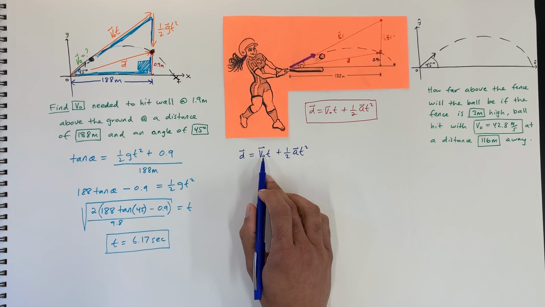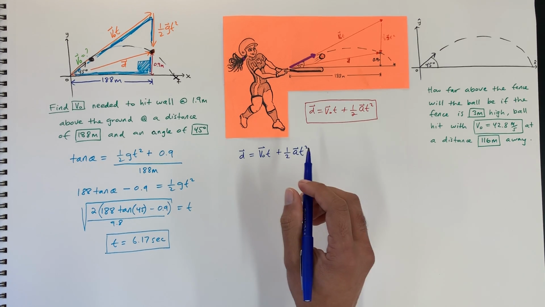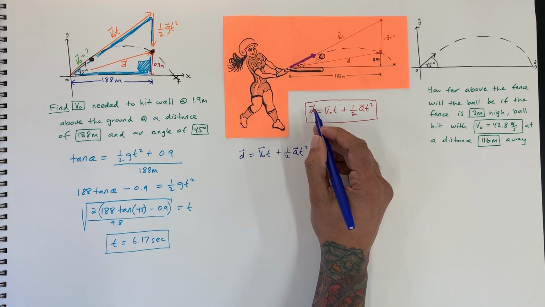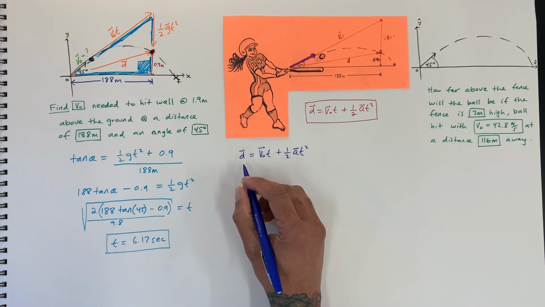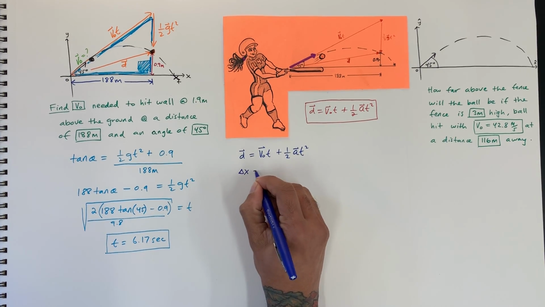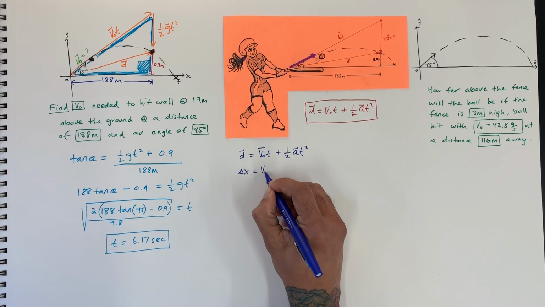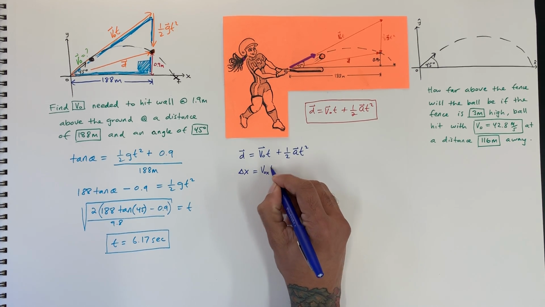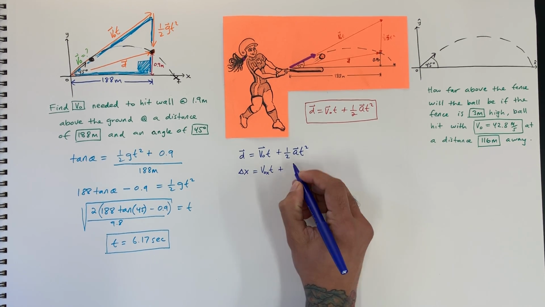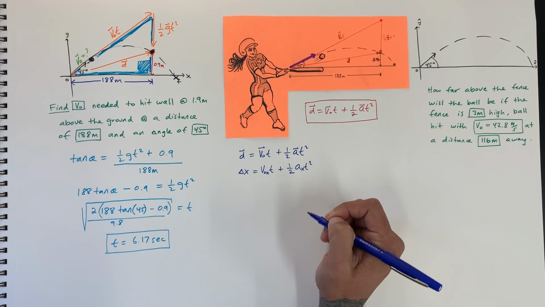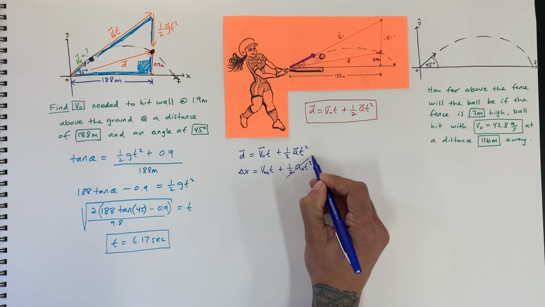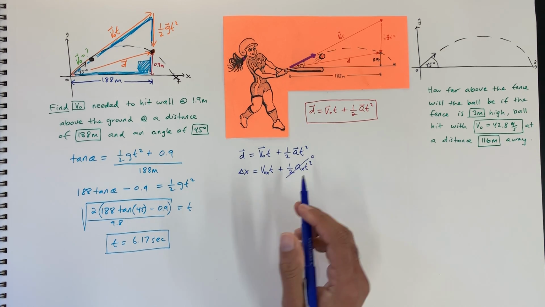Remember that we can make this either an x or y equation. So let's solve it for x. The change in x is equal to the initial velocity in x times time plus 1/2 a x t squared.